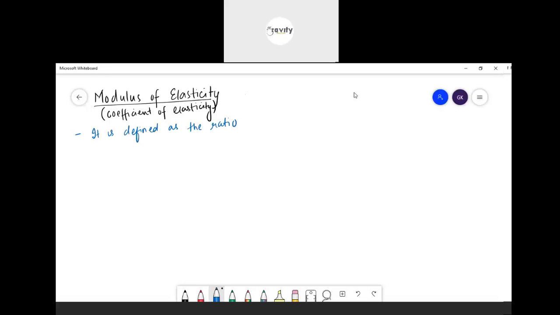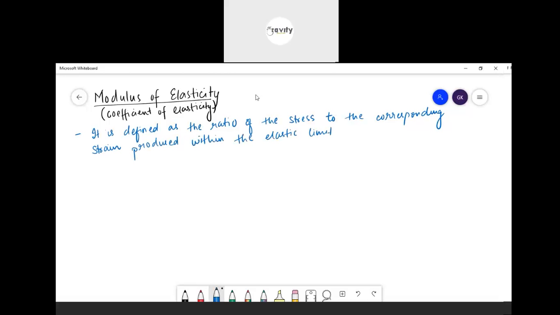We are writing this statement on the basis of Hooke's law itself. Ratio of the stress to the corresponding strain produced within the elastic limit.